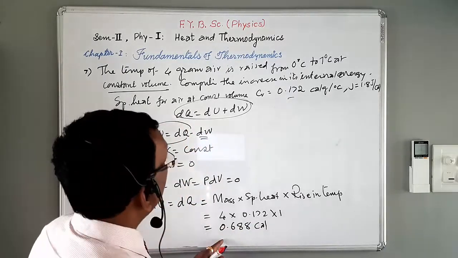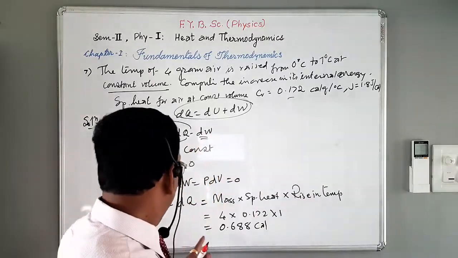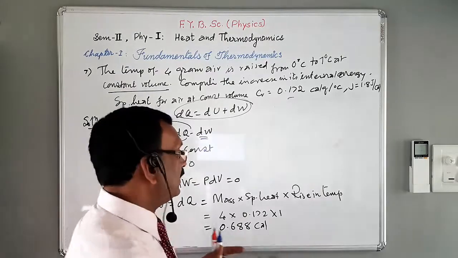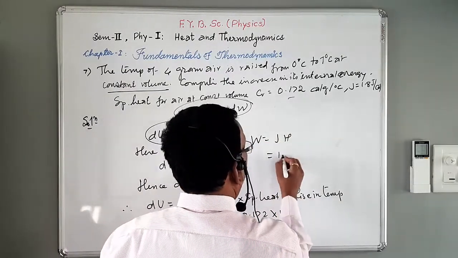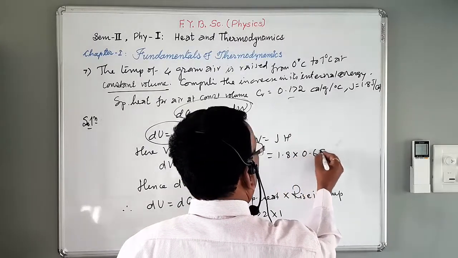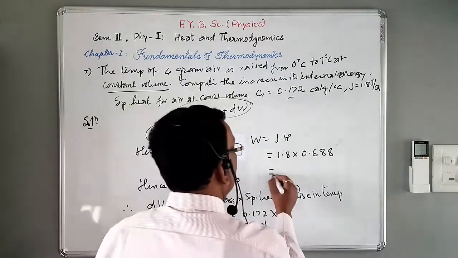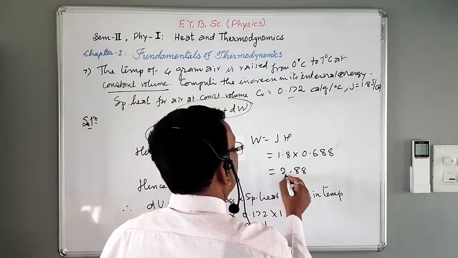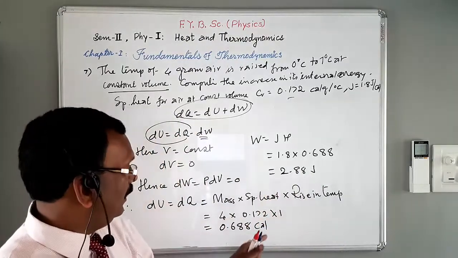But here the mechanical equivalent of heat is given, and we know that W is equal to JH. So 1.8 into 0.688, you will get 2.88 joule. This is the work done in joule.